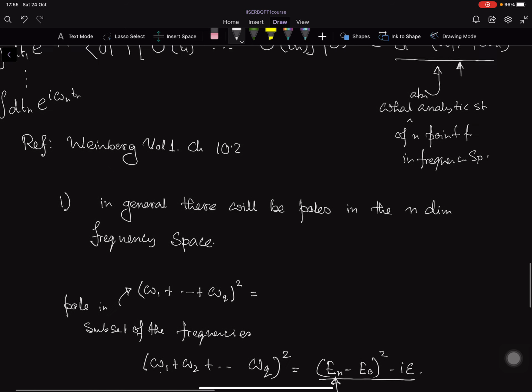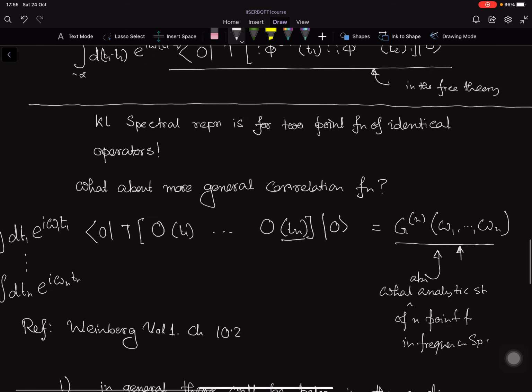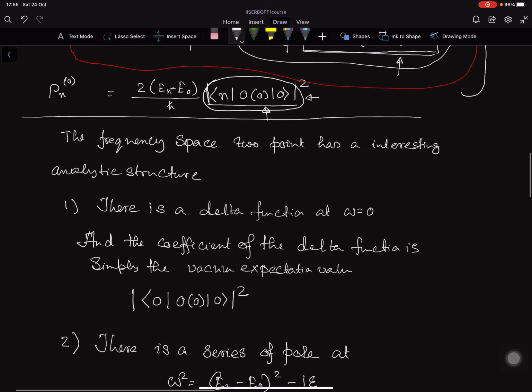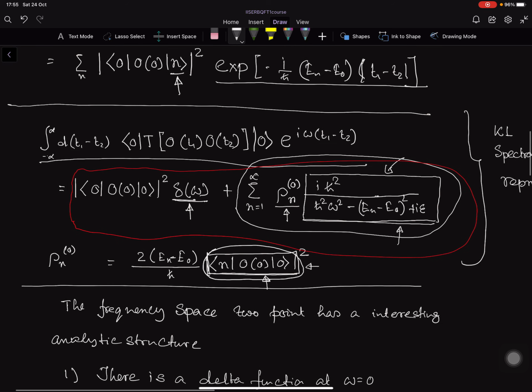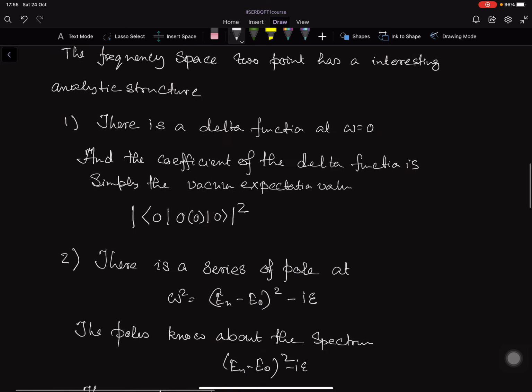For the particular case of small n equal to 2, this is the Callan-Lehmann representation. And what happened in the Callan-Lehmann spectral representation? We found that the residue is controlled by some 1 point function. If we had initially focused on the 2 point function, then the residue is controlled by the mod square of a 1 point function.